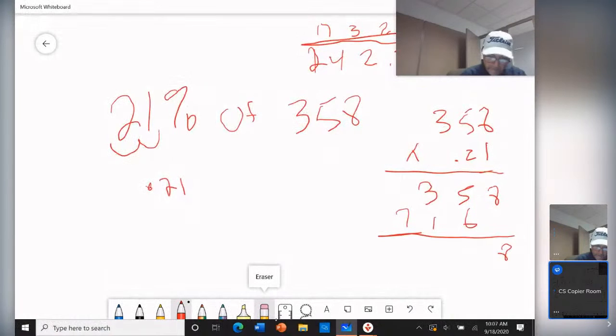That's 8, 1, 5. So 75.18. So 21% is 75.18 of 358.